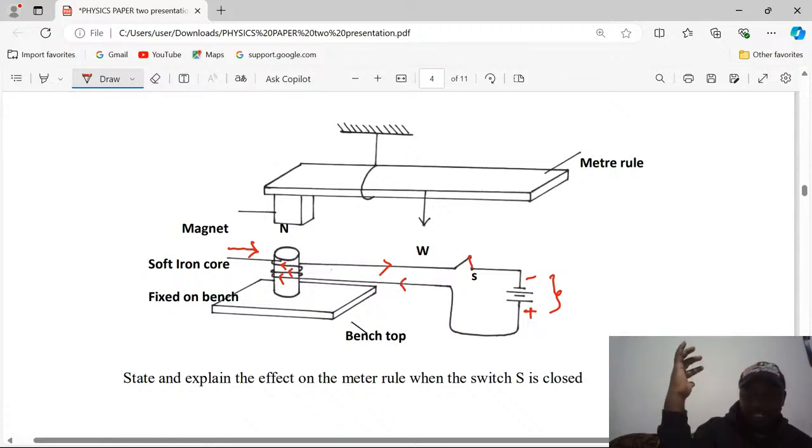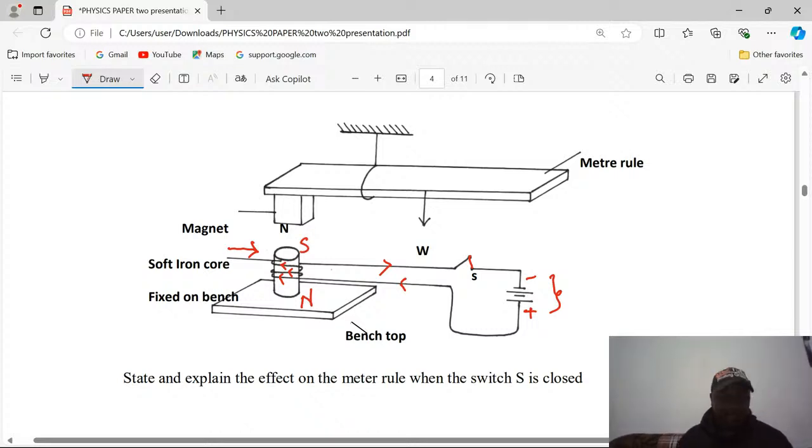If you grasp the iron core this way, such that the fingers show the direction of current, then the thumb is going to point north. Therefore, if I hold this soft iron core, my north is going to be at this point. That means automatically south will be on the upper side.